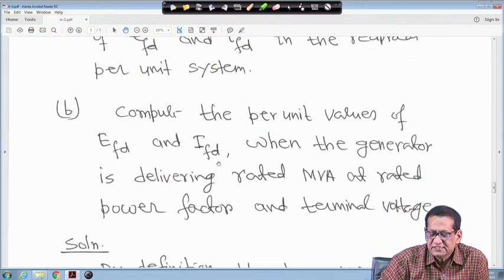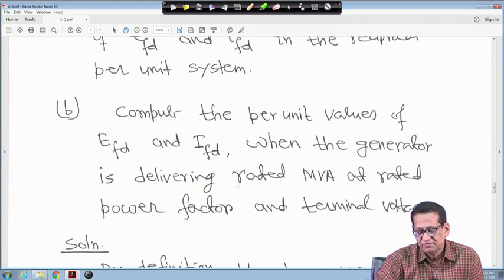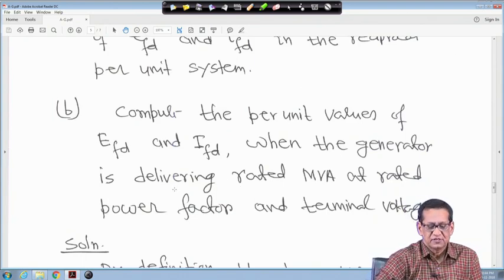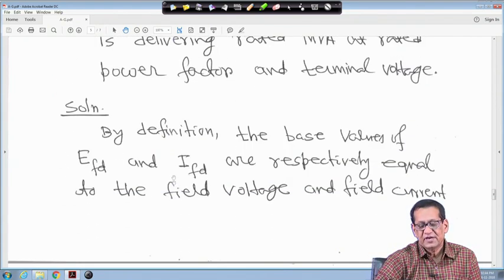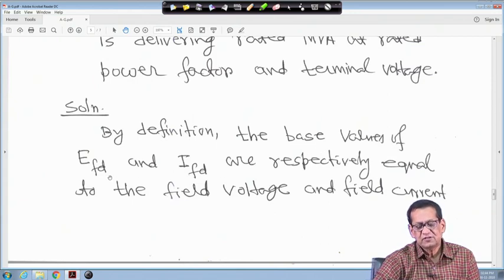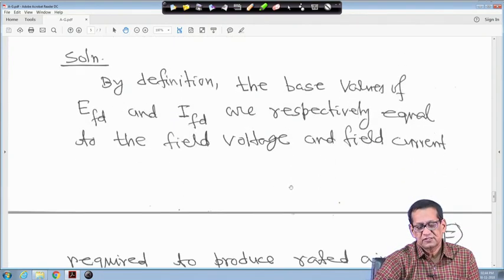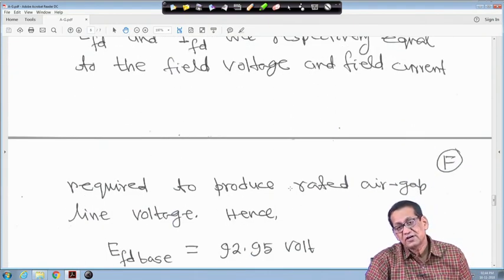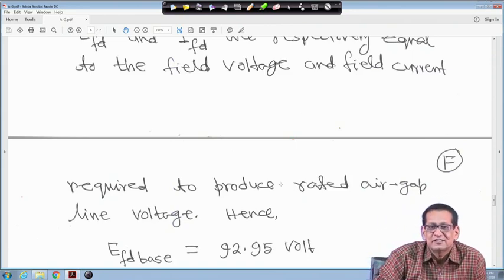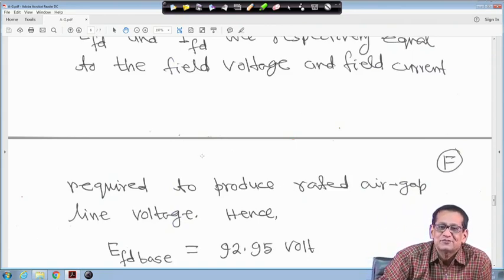Now, part B is to compute the per unit values of EFD and IFD when the generator is delivering rated MVA at rated power factor and terminal voltage. Solution: by definition, the base values of EFD and IFD are respectively equal to the field voltage and field current required to produce rated air gap line voltage. Earlier we derived that per unit system, so just open those things once, because it was done in the early beginning of this course.